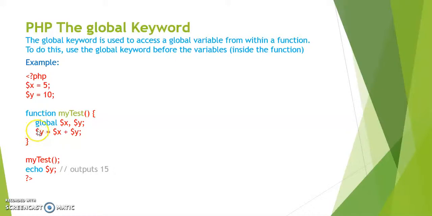So here we see variable y. This is a new variable for us. Sorry, we define it here. So we are saying y equals x plus y. Then it will output a value for us, which is going to be equal to 15. As you can see here, we say echo this y.